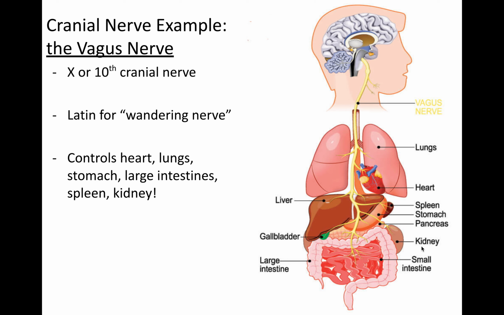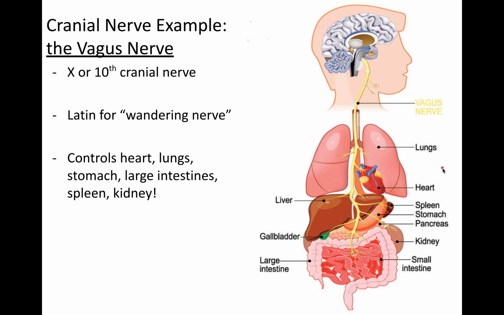It's the 10th cranial nerve that wanders throughout your body and connects to the major vital organs of your body. So it takes information from essentially your brainstem, and helps send out information that leads to control of your lungs, your stomach, your large intestines, your spleen, your kidneys, a whole host of vital organs. And I think I mentioned heart as well.